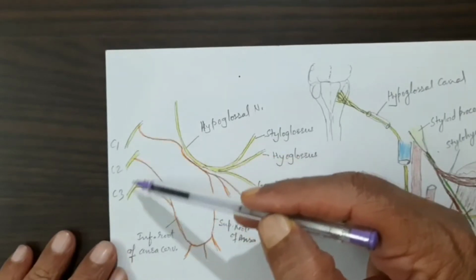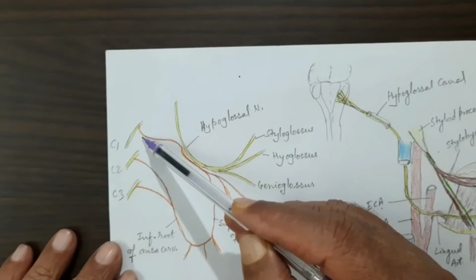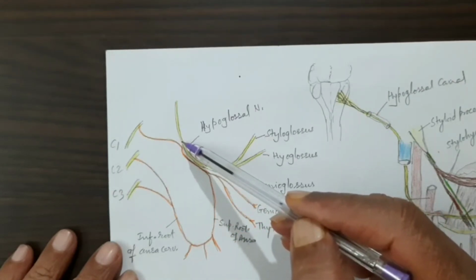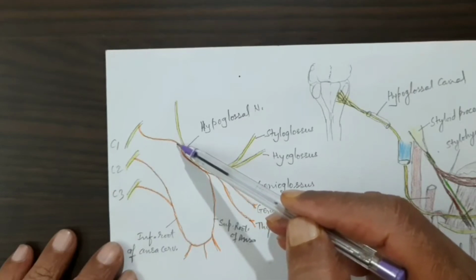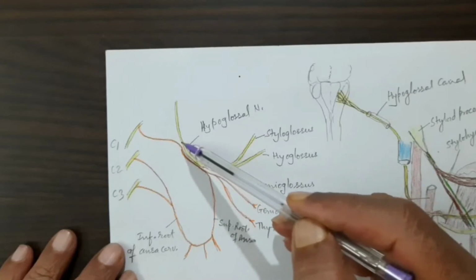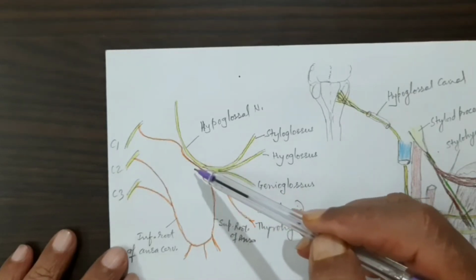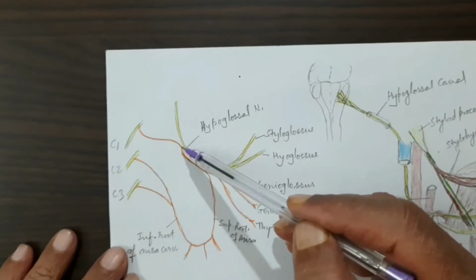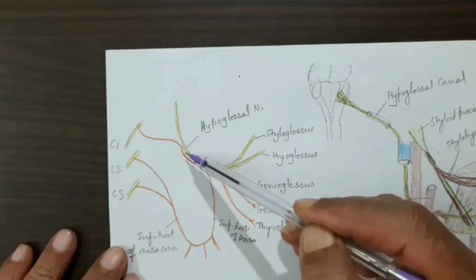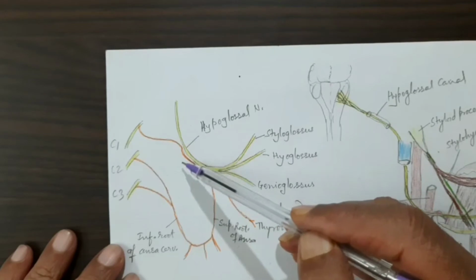This is the C1, C2, C3 ventral rami of the spinal nerves, and from C1 a branch comes and joins, so the hypoglossal nerve is joined by a branch from C1, that is from the ventral ramus of the cervical 1 spinal nerve. So coming out from the spinal cord, C1 segment, this nerve C1 and the hypoglossal nerve run together; they are united here.